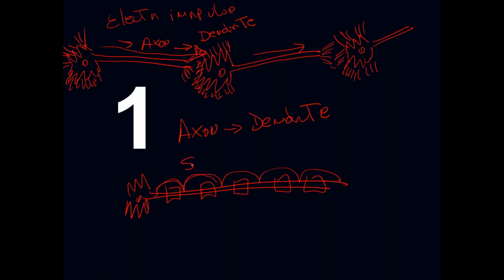That is called saltatory, like the Italian saltatory impulse, because it jumps from one node to the next. That is the saltatory impulse, and it speeds up the electrical impulse. Okay, we got it?